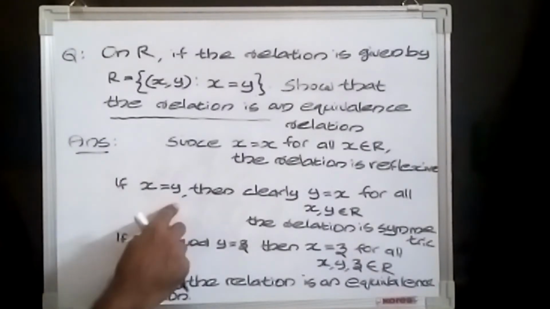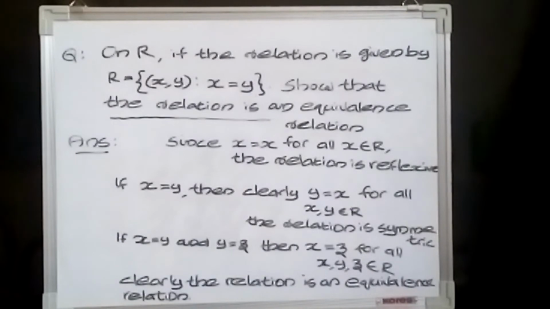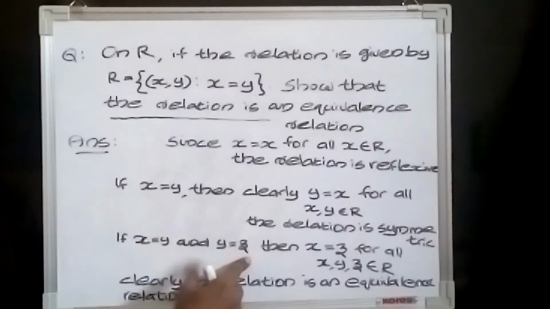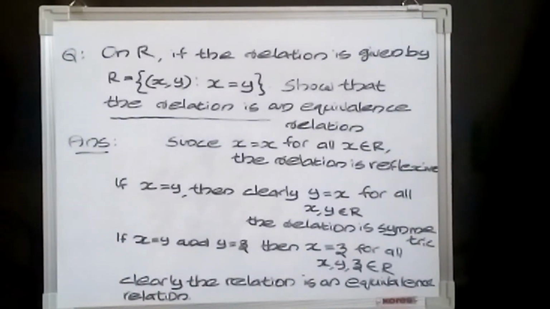Now, if x equals y, then clearly y equals x, so the relation is symmetric. And to show that it is transitive, if x equals y and y equals z, then clearly x equals z for all x, y, z belonging to R. The relation is transitive. Clearly, the relation is an equivalence relation.